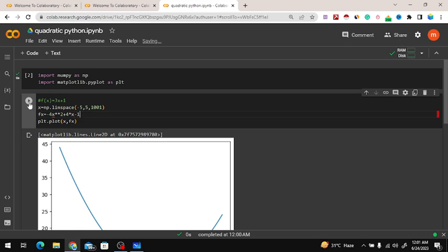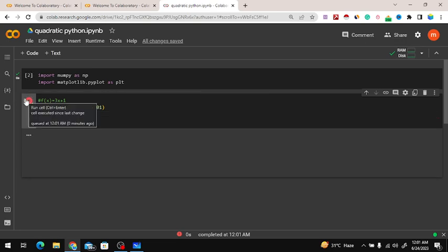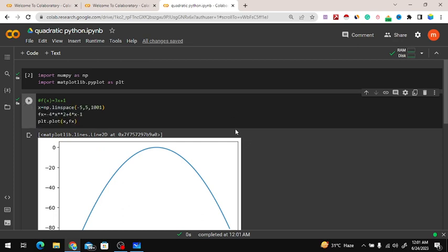Then I want to plot like this. Yeah, so I want to plot like this. It's moving from the 0. So you can say it's moving from zeros.